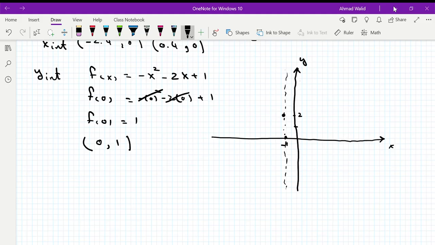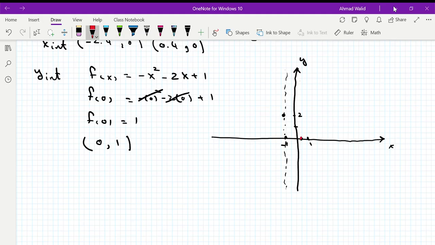Now, x-intercepts, one of them was 0.4 and 0. 0.4 is less than half. If this is 1, 0.4 will be somewhere here, right? 0.4 and 0. It means somewhere here. Or let me make it red. This point, less than half. And also negative 2.4.